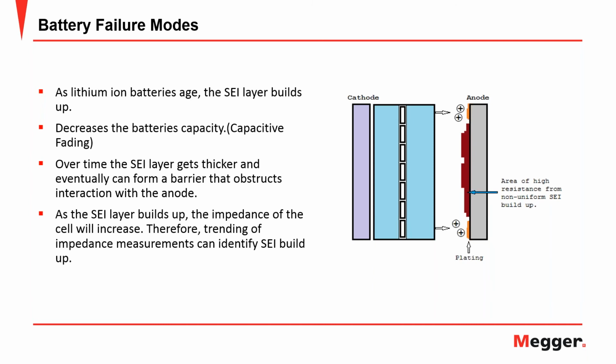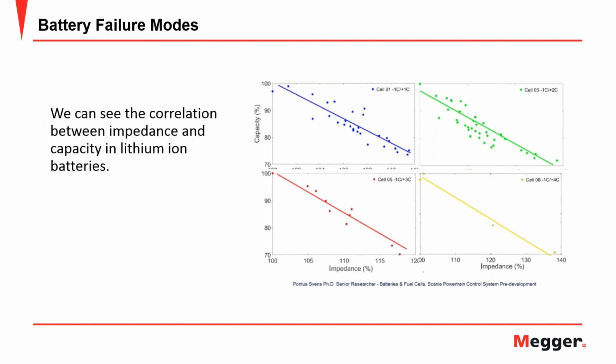Right here, these are actually impedance values. These show how the capacity of a lithium-ion battery directly correlates to impedance. So the manufacturers are doing these types of tests, as well as researchers, on lithium-ion.